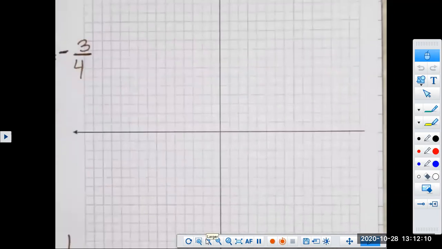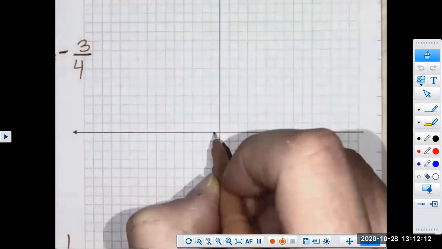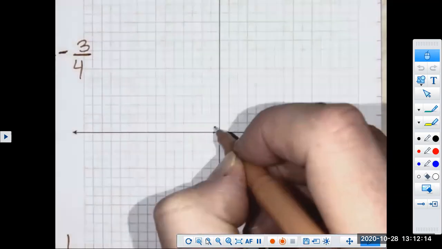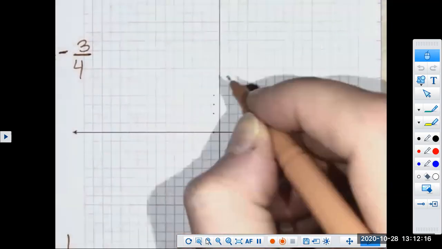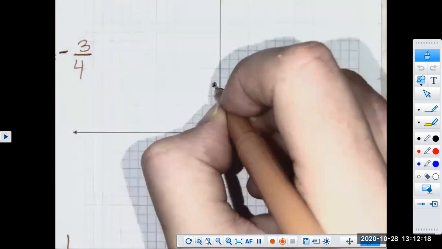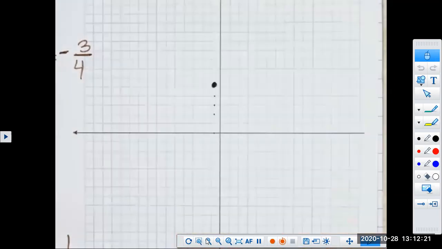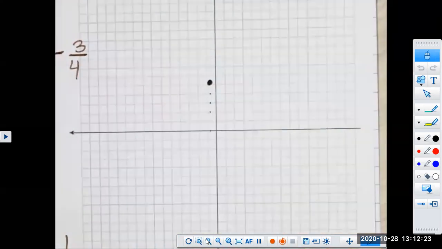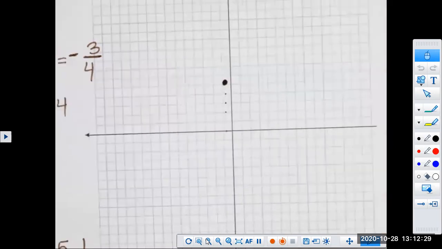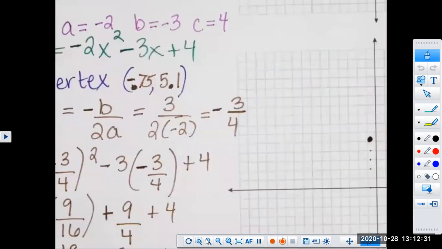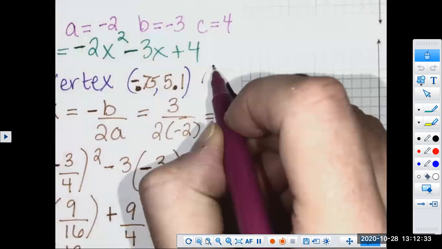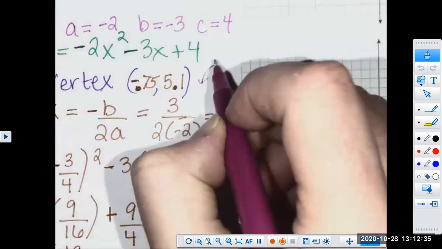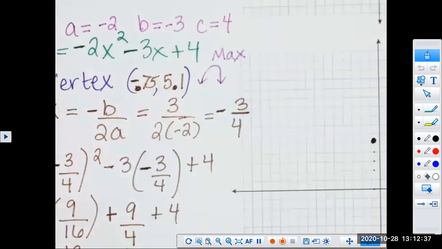Okay, so negative 0.75 and then 5.1 to be about here. Should your parabola be going up or down? Good. Why? Good. It's negative. So that means our vertex is going to be a maximum.